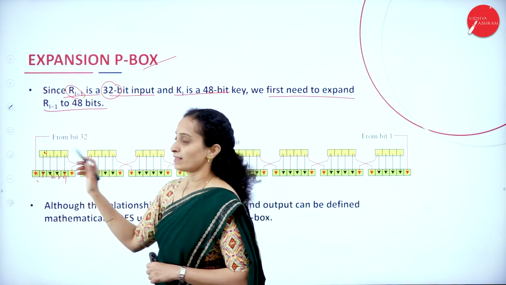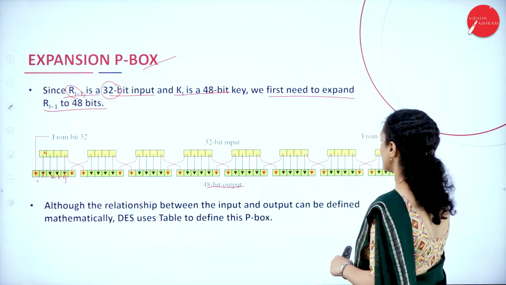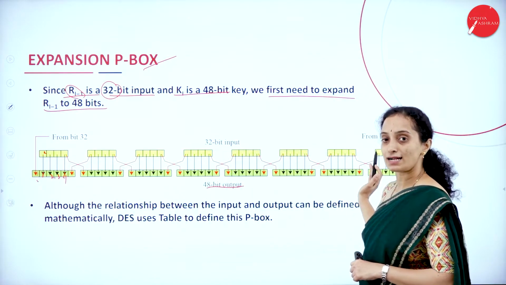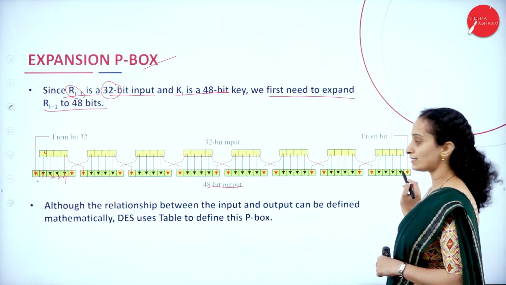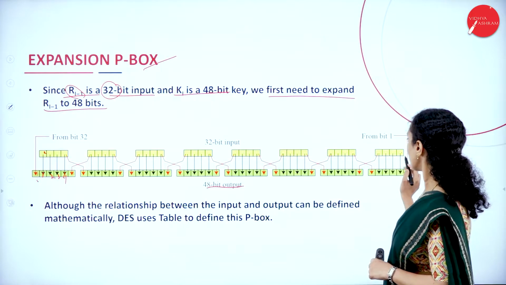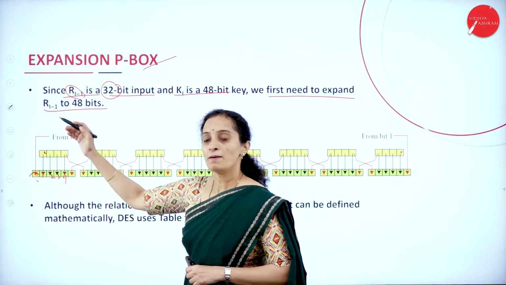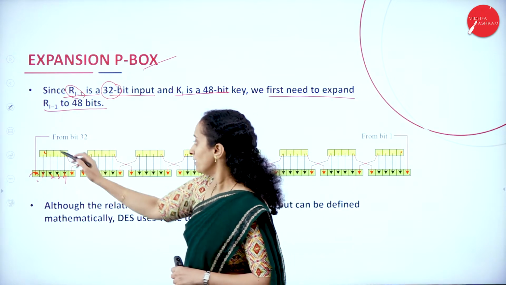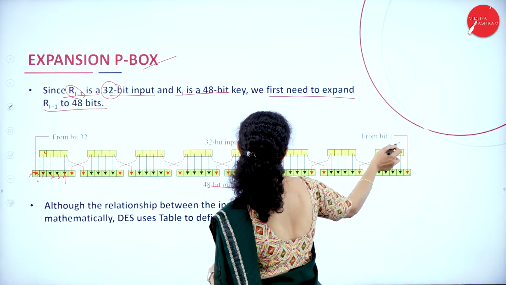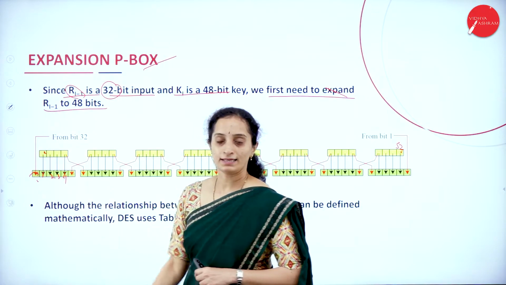How they are permuted: since the last block is considered as the adjacent one, we take this bit, bit 32, and it will be mapped to this bit. From here, it will be taken here.